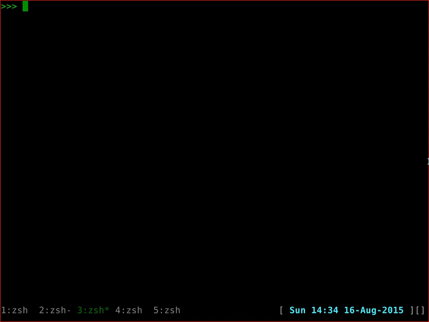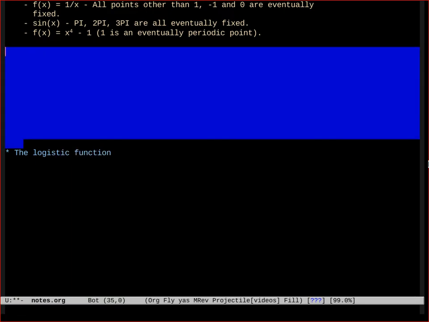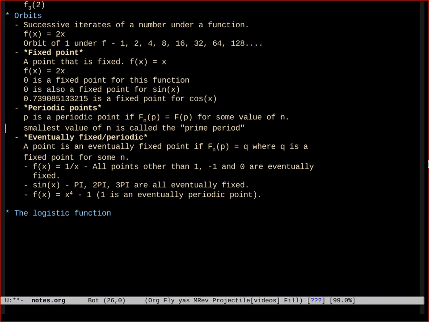Maybe I should just write down the function first. The logistic function, and this has some interesting behaviors, as we'll shortly see. First, the function.